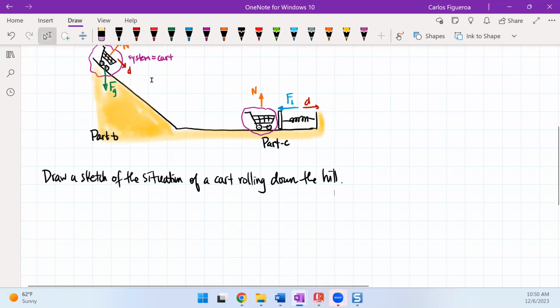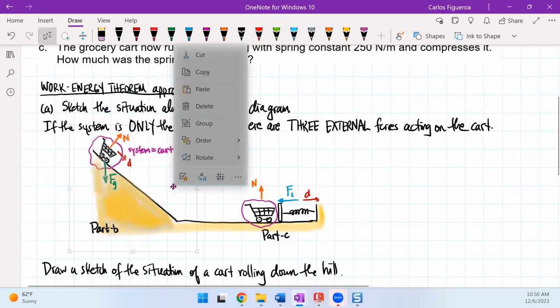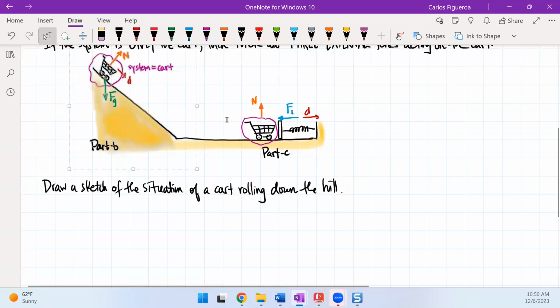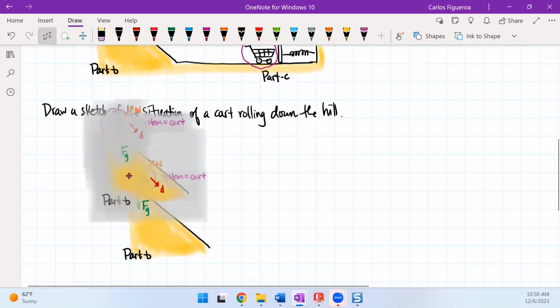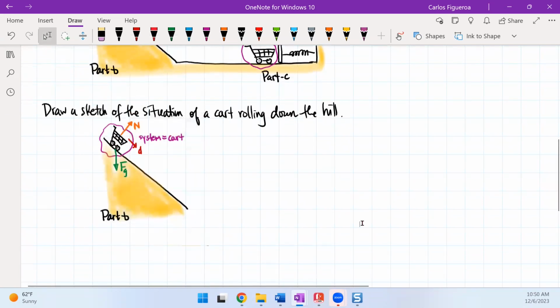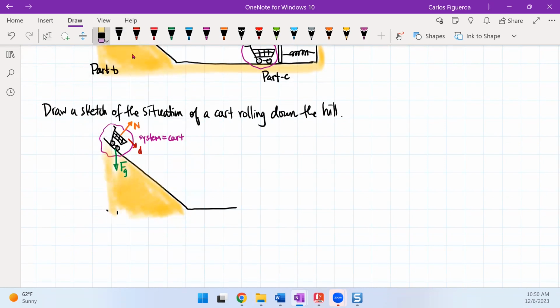So if I do that, I'm going to take this piece right here and copy it, and I'm going to place it right here. So the only thing I care about is this situation here. And all I know is that the cart is going to go down the hill, and as it goes down the hill, we see here that the cart is going to come to this spot right here.